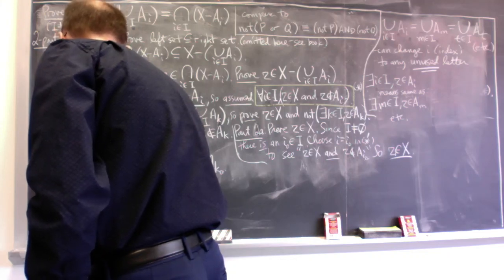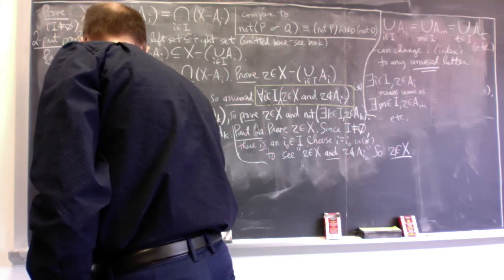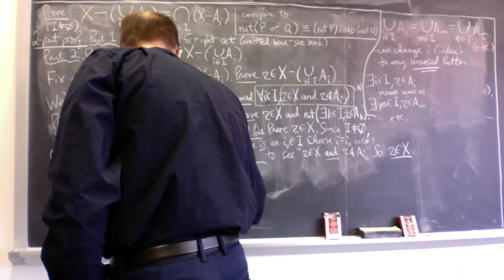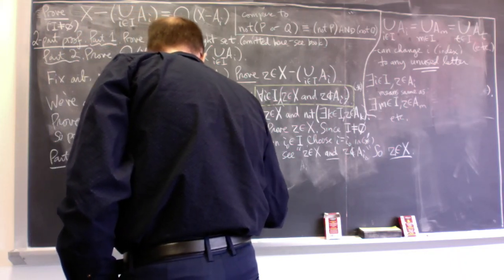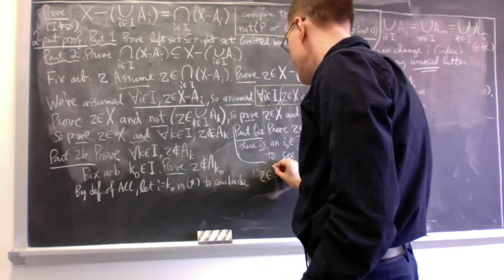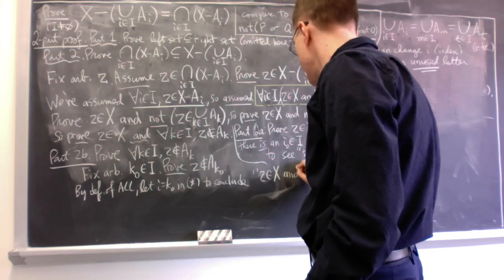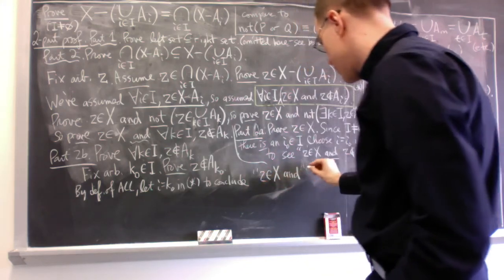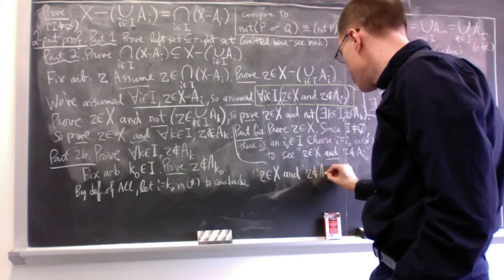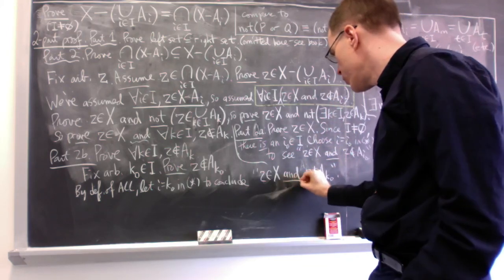By definition of all, we can let I equal k naught in star to conclude two things. Z is in X, which we don't actually care about here, but we also get that Z is not a member of A sub k naught, a known AND statement.